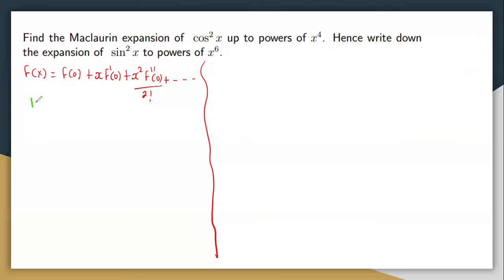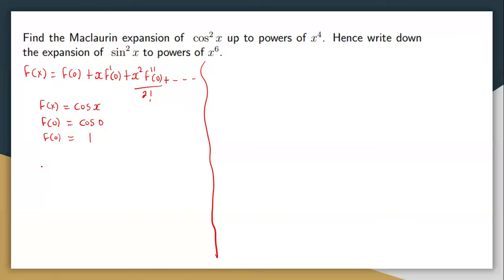So I'm going to say that let my function f of x equal cos of x. That is my function that I'm going to use. Now I first obtain f of 0. So I say f of 0 will equal cos of 0, and cos of 0, members, is equal to 1.